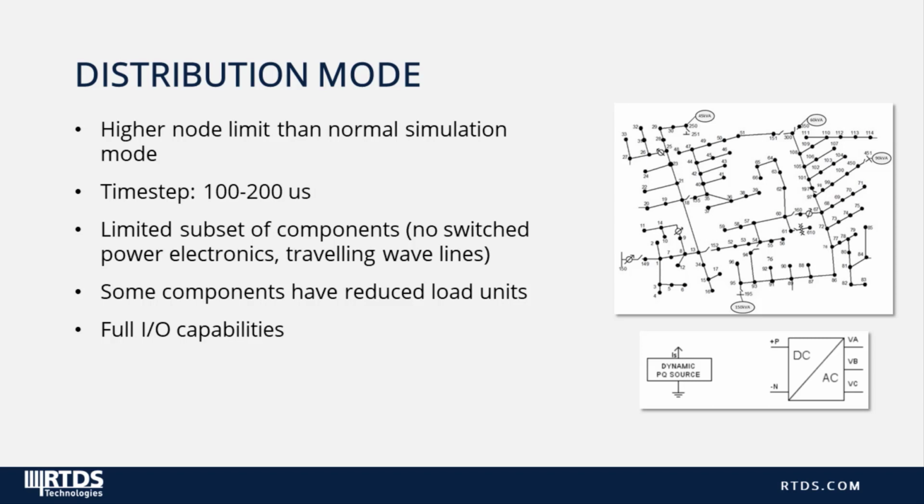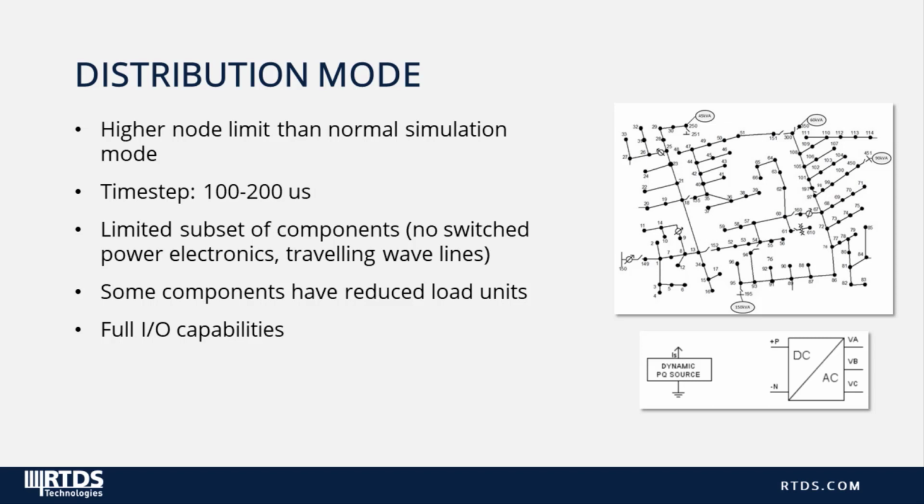Distribution mode has a limited subset of components. So when you're in distribution mode, you can only access some of the master library components. It's a pretty large subset, but some of the notable exclusions are switched power electronic models, because we can't interface to smaller time steps in distribution mode. So instead of the fully switched converter models, averaged models of power converters can be used in distribution mode.